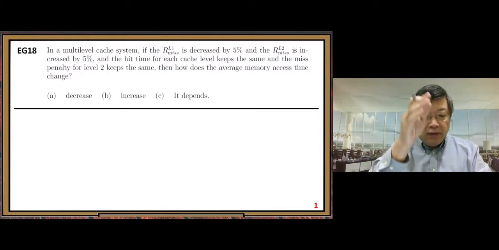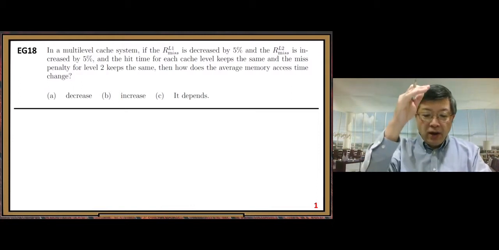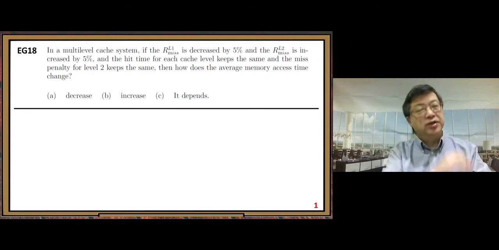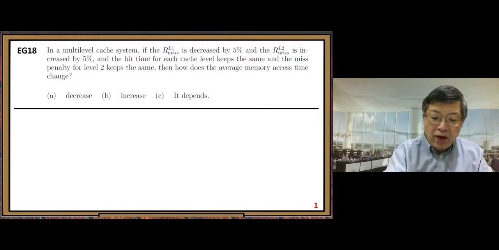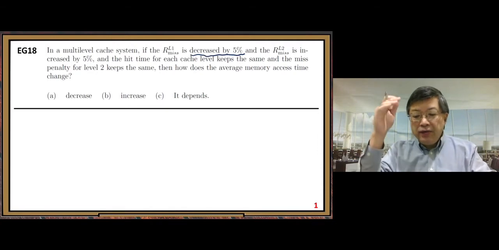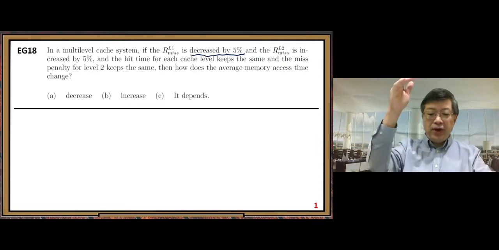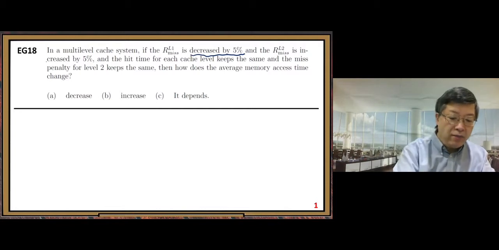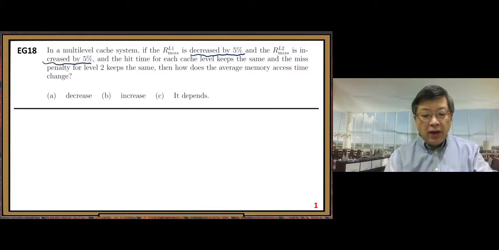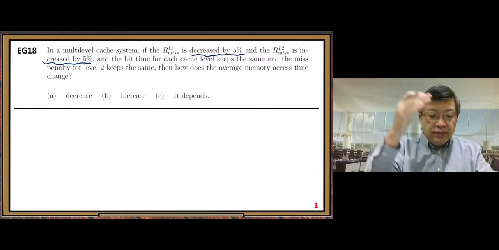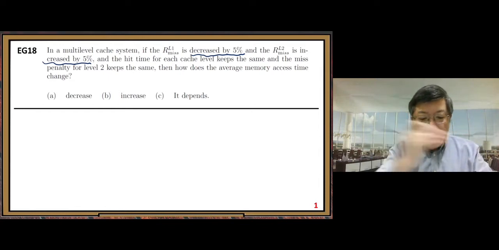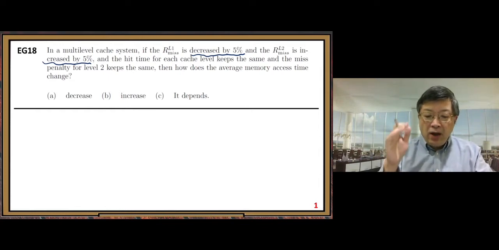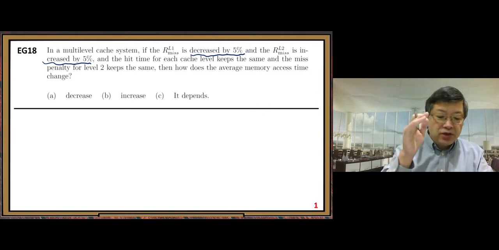In a multi-level cache system, if the miss rate of the L1 cache is decreased by 5%, and the L2 miss rate is increased by 5%, and the hit time for L1, L2 keep the same, then how does the average memory access time change?